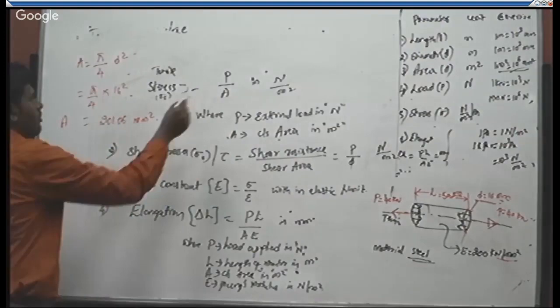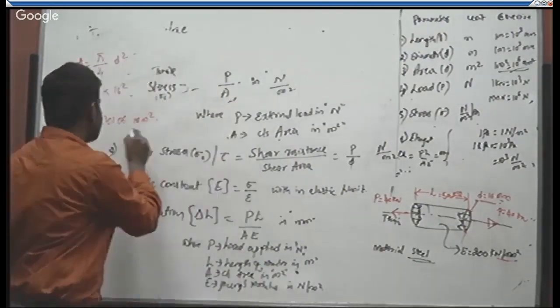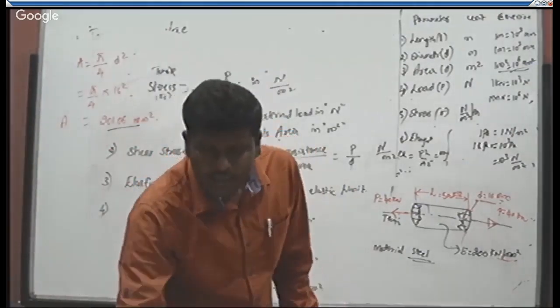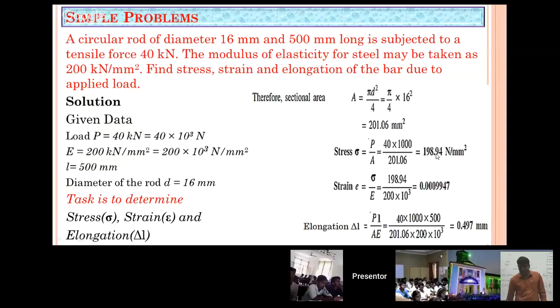So you can substitute the value of P. They have given 40 kilonewton and the area of cross section 201.06. Thereby we'll get a value of induced stress 198.94 Newton per millimeter square.